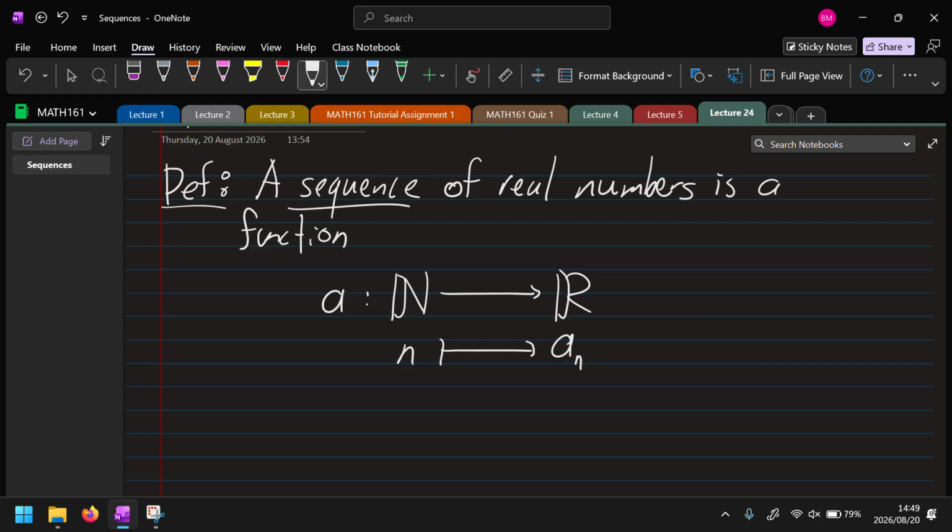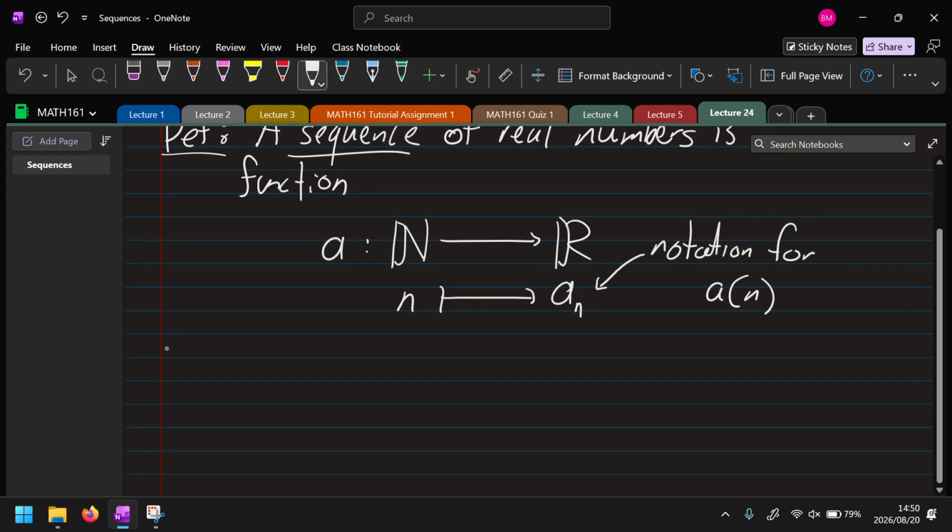This little a sub n is just some notation for a of n. Like we have a function f, we write f of x. For sequences, we don't write a of n. It's just a convention. We write a with the little subscript n.